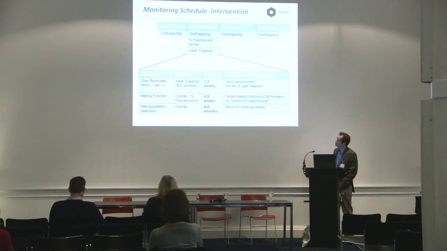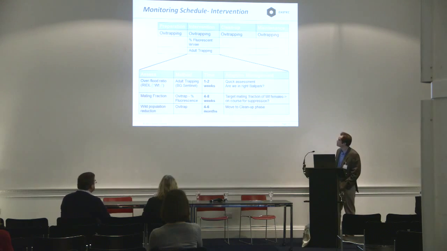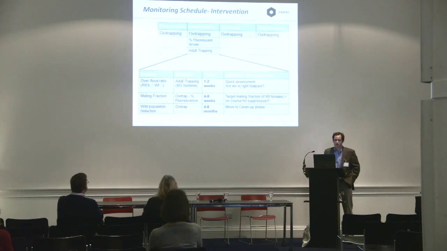And what that gives you within 1 to 2 weeks of initiating release is a very quick ballpark feeling of, are you releasing the right numbers to tackle the problem? And if you're not, you can make a quick adjustment. The next thing that you're able to detect after about 4 to 8 weeks is the fluorescence ratio you're achieving.